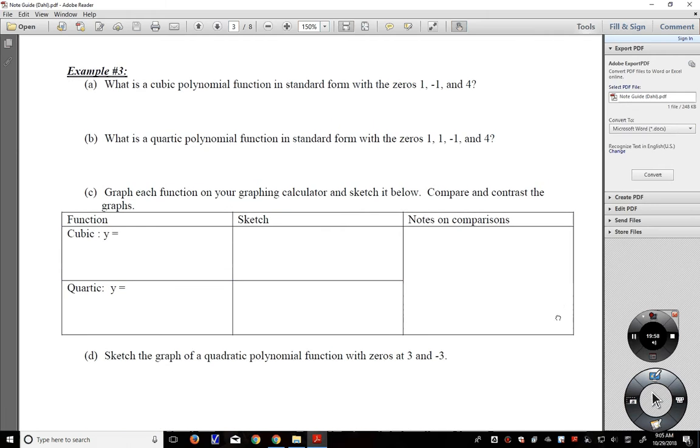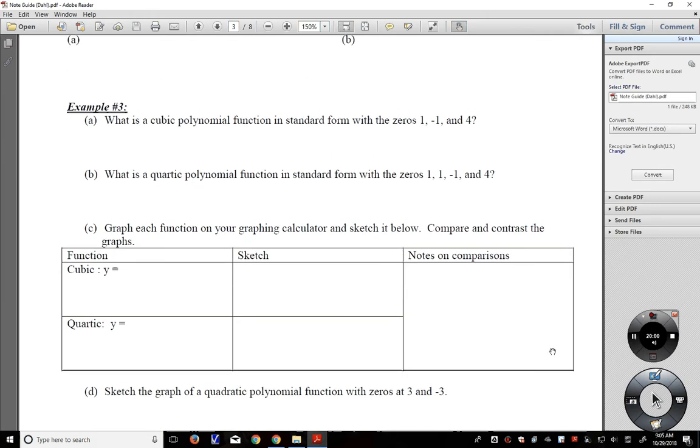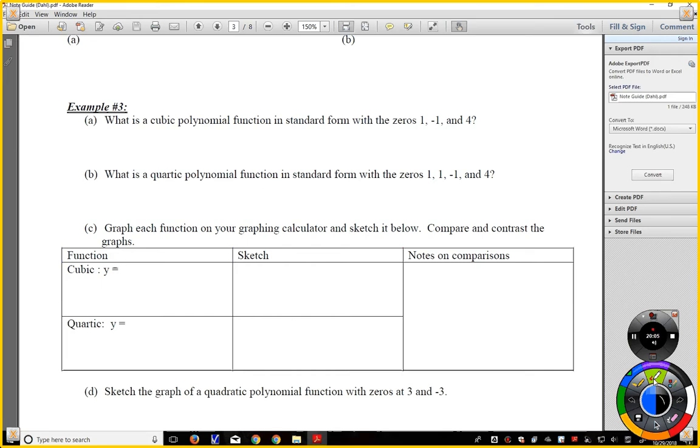Okay, for your cubic, just going to graph x plus 1 to the third power. Okay, if we multiply that out, that'll be a cubic. Okay. And for our quartic, we'll do x minus 2 squared and x plus 2 squared.